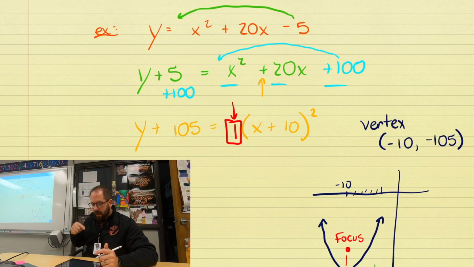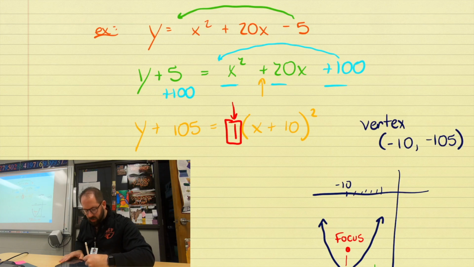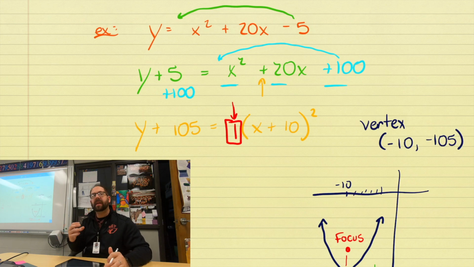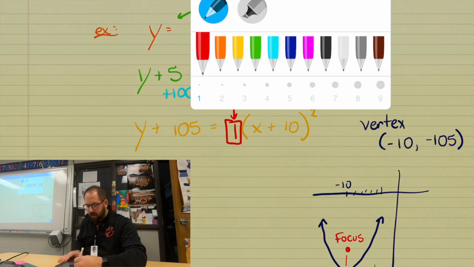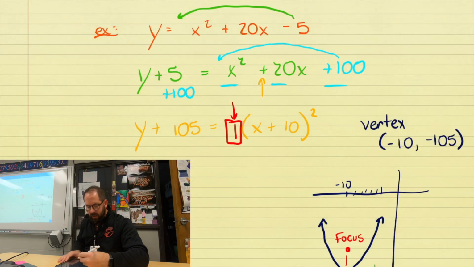All right, and then whatever that number is that's out front, that number that you factored off, in my case it's just a 1, you always will set that number equal to 1 over 4c. That's a formula that gives you the distance out to the focus and out to the directrix. So you would take your number, you would solve for c.